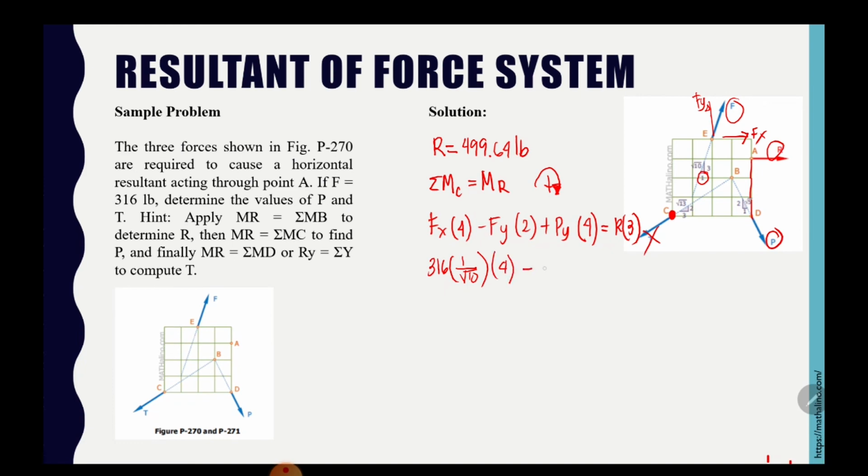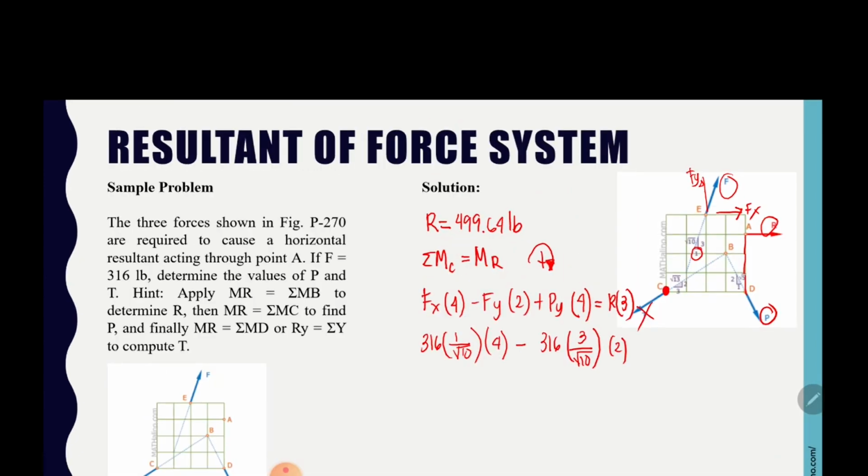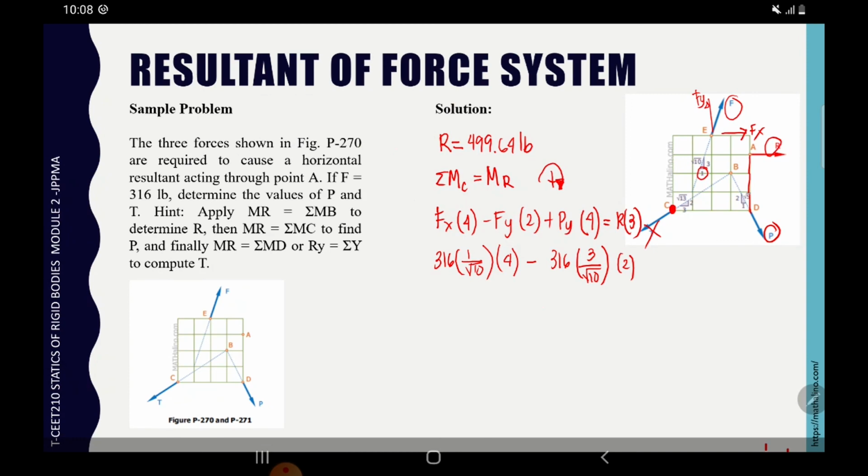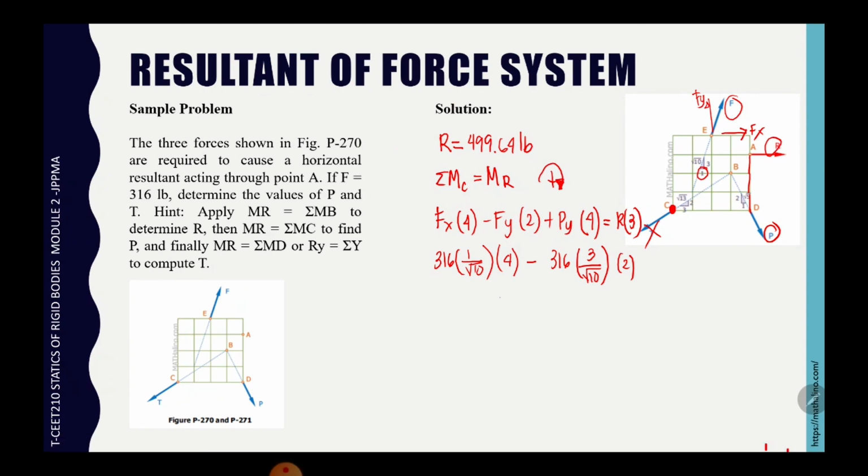Minus si Fy naman, 316 times yung y value 3 over square root of 10 times 2 plus yan, plus yung Py naman, ayan, Py is ganito, Py. Tsaka may Px.